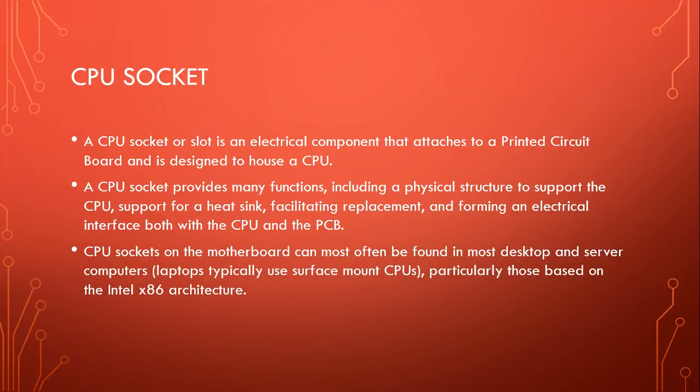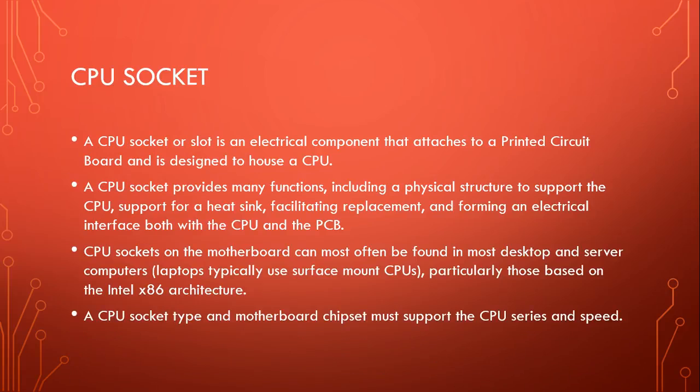Now, CPU sockets on the motherboard can most often be found in most desktop and server computers. Laptops typically use what's known as a surface mount, particularly those based on the Intel x86 architecture. A CPU socket type and motherboard chipset must support, of course, the CPU series and speed. In other words, you can't just take any old CPU and stick it in with a motherboard.